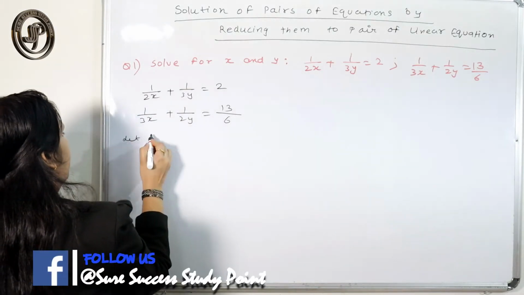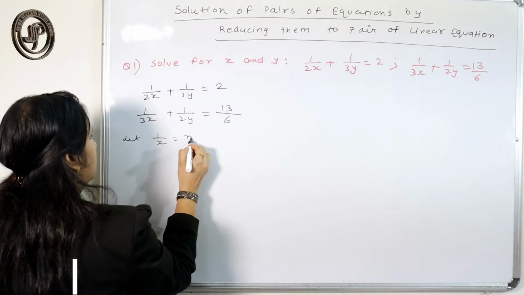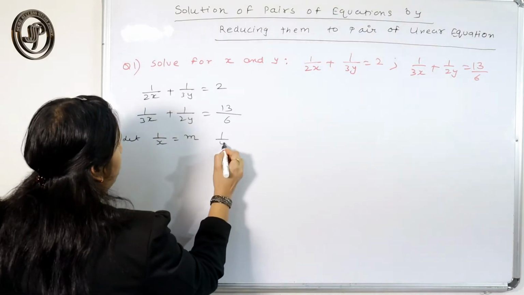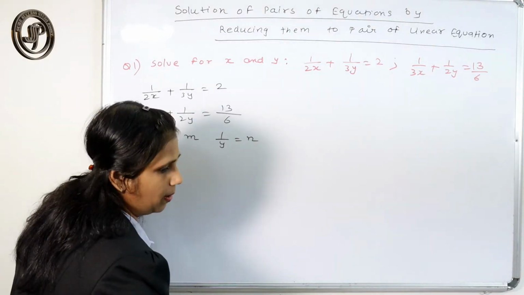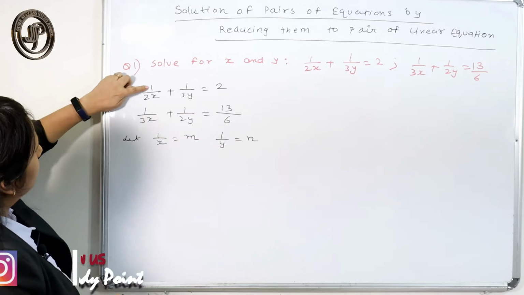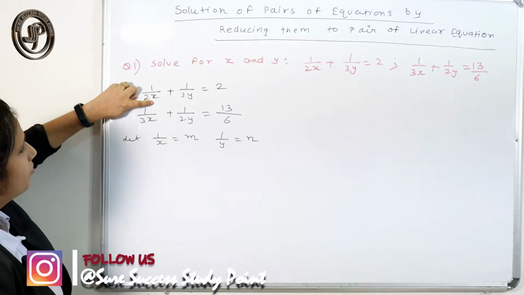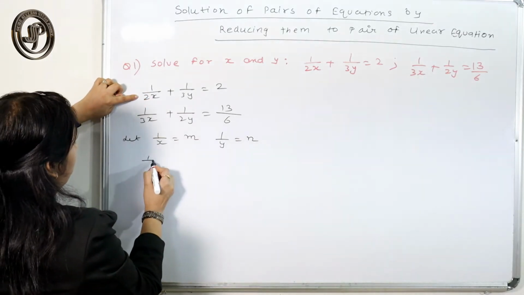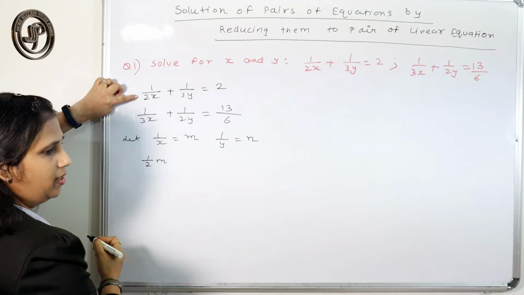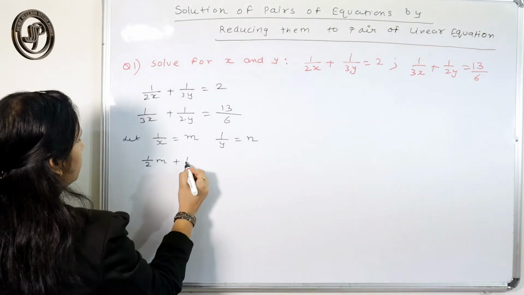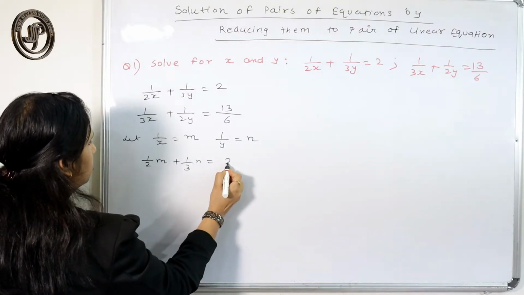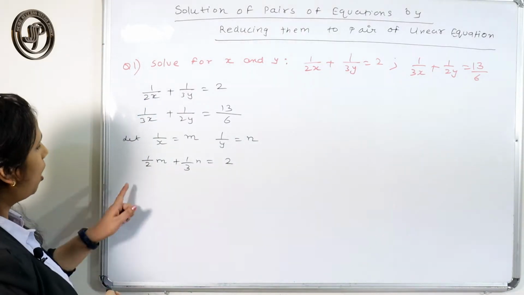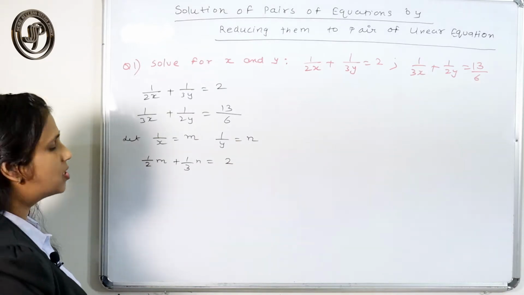So, suppose I consider 1 by x is equal to m and 1 by y is equal to n. Then I can write here 1 upon 2m and 1 upon 3n is equal to 2. Now, just make the denominators the same.